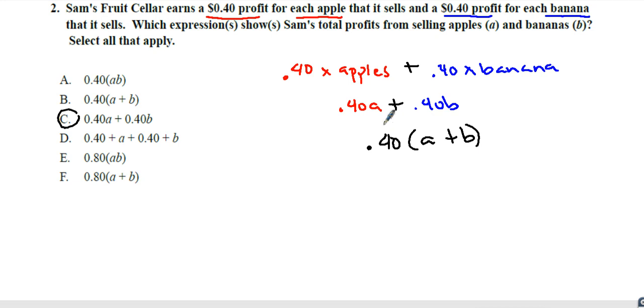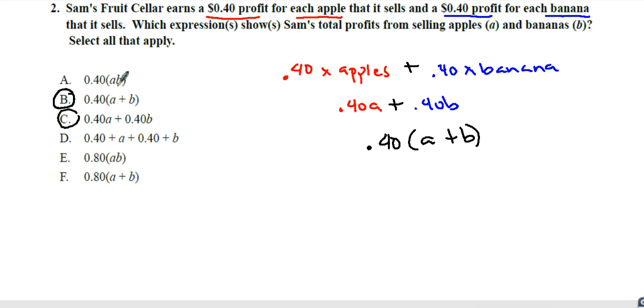Since the profit is exactly the same, I can just find out how many apples and bananas I sell altogether and then multiply that by 40 cents. If the profit was different, I could not do that. But in this case, I could add A and B first and then multiply by the 40 cents. So B here does work.